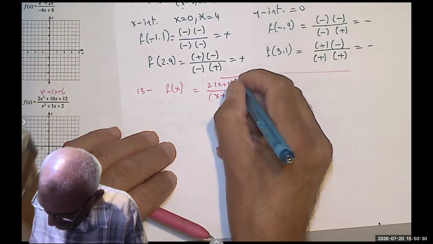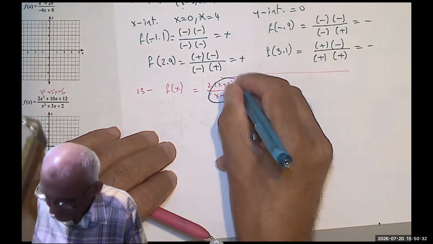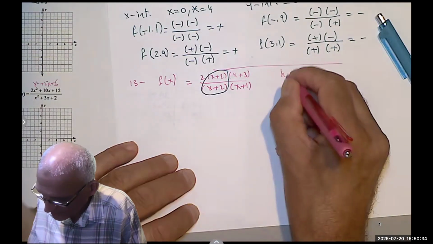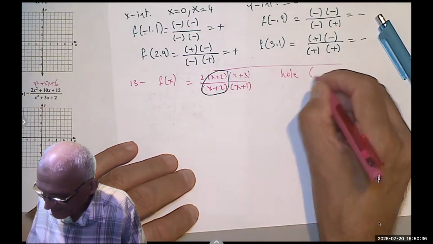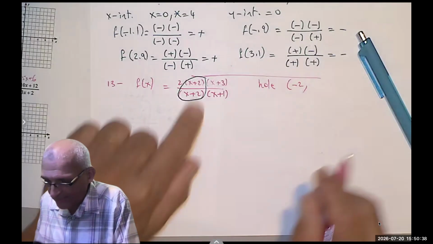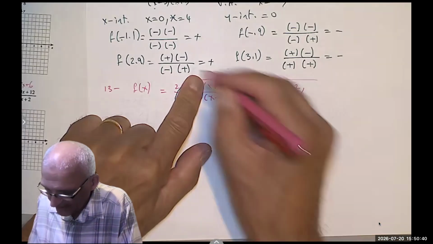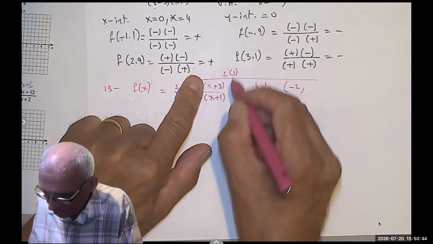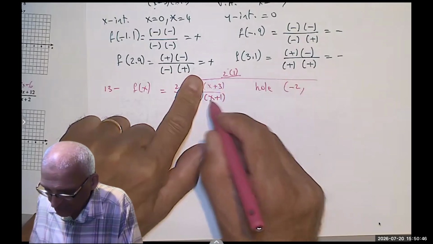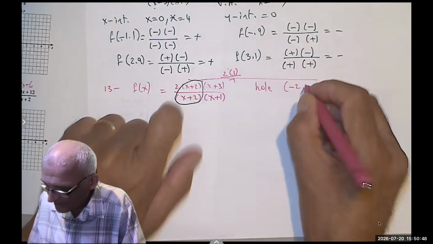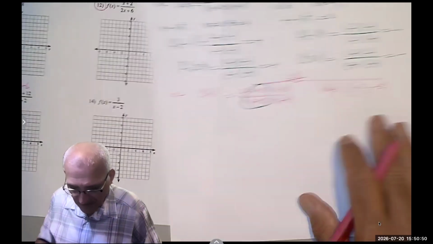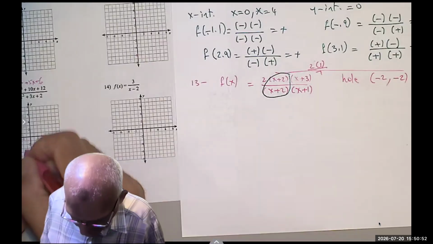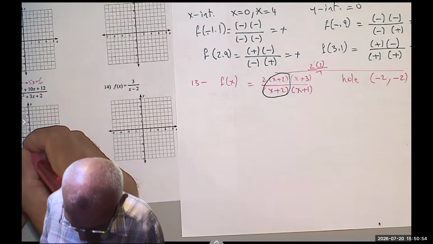A hole at x equals -2. And if I substitute -2, I get 2 times 1, -2 plus 3, over -2 plus 1 is -1. So at -2 and -2, there is a hole at this point.